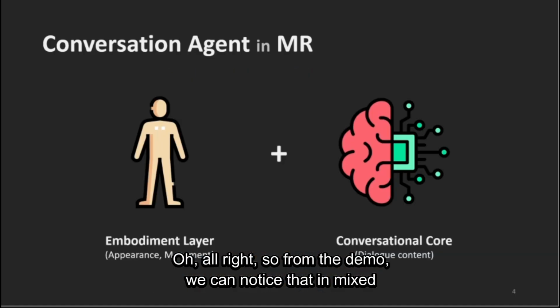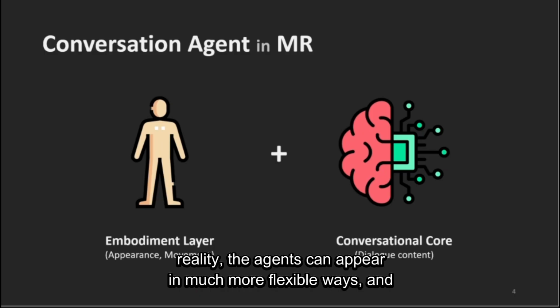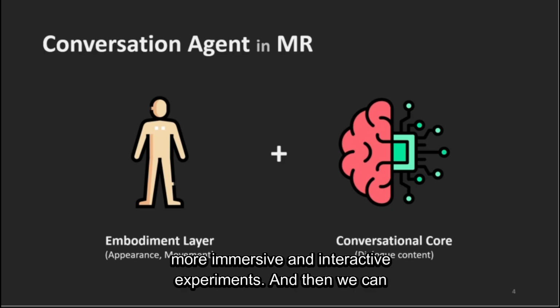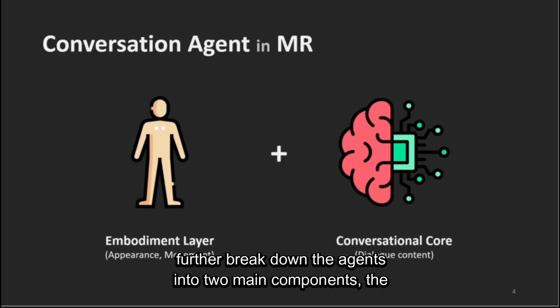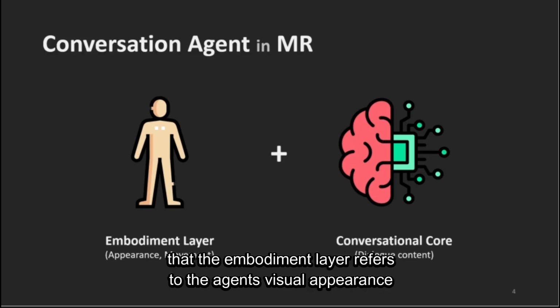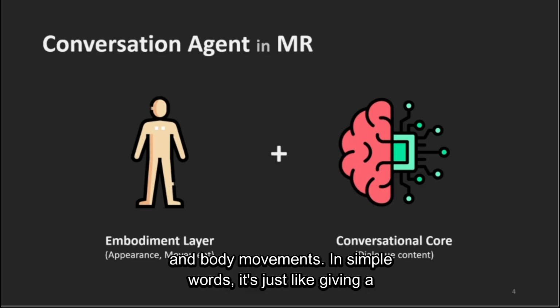Alright, so from the demo, we can notice that in mixed reality, the agents can appear in much more flexible ways, and compared to traditional UI interfaces, this gives us a more immersive and interactive experience. We can further break down the agents into two main components: the embodiment layer and the conversational core. The embodiment layer refers to the agent's visual appearance and body movements.